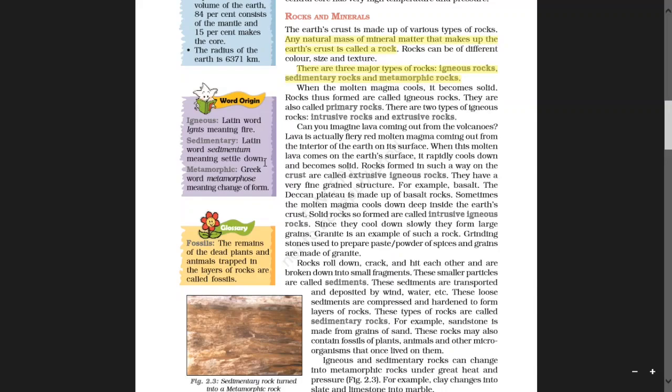Then metamorphic is a Greek word, boys, from metamorphos, meaning change of form. So tick mark these three also: igneous, sedimentary, metamorphic. Their meaning you have to know.